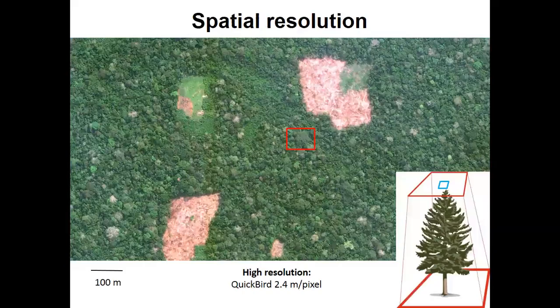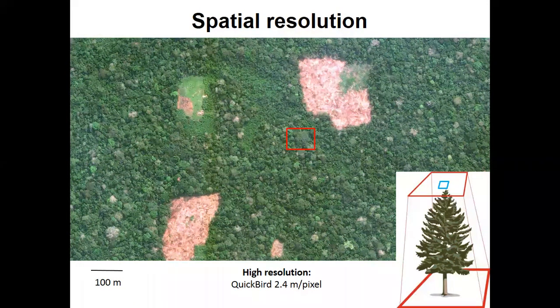But of course, in most cases, we deal not with planes, but with even larger objects, like trees and forests and other landscapes and large buildings and the like. The level of detail you see depends on the spatial resolution.